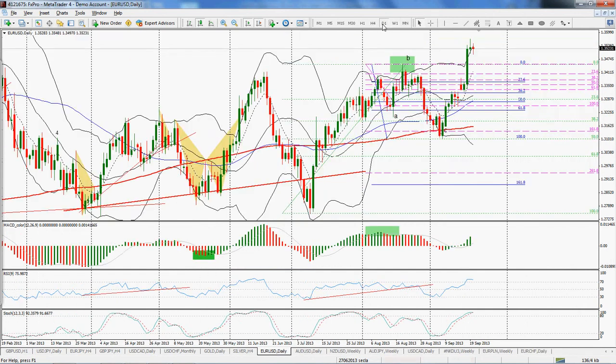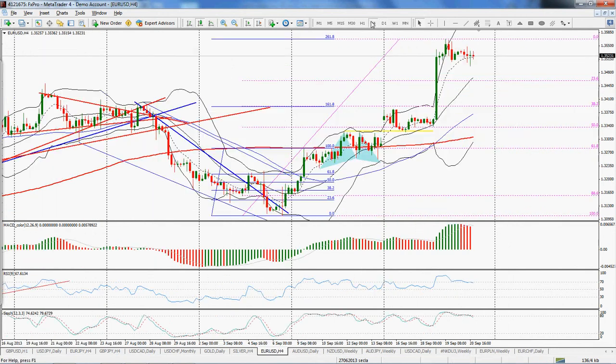Okay, on the daily chart you can see those dojis, because on the 4 hours chart, in my opinion, the market did a 5-wave upward movement. 1 2 1 2 3 4 3 4 5.